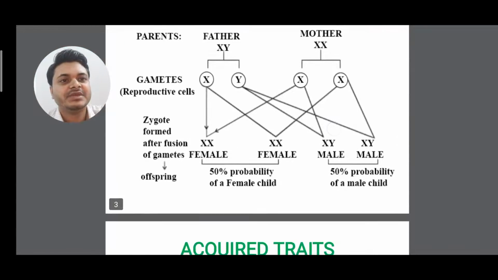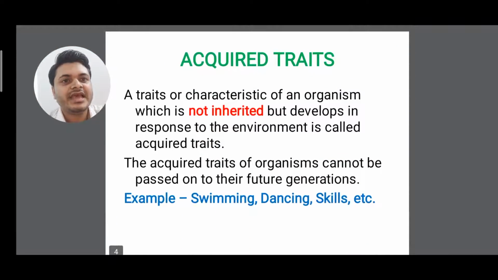Next we can see acquired traits. What are acquired traits? A trait or characteristic of an organism which is not inherited but developed in response to the environment is called an acquired trait. The acquired trait of an organism cannot be passed to the future generation. Like swimming, dancing, these skills.